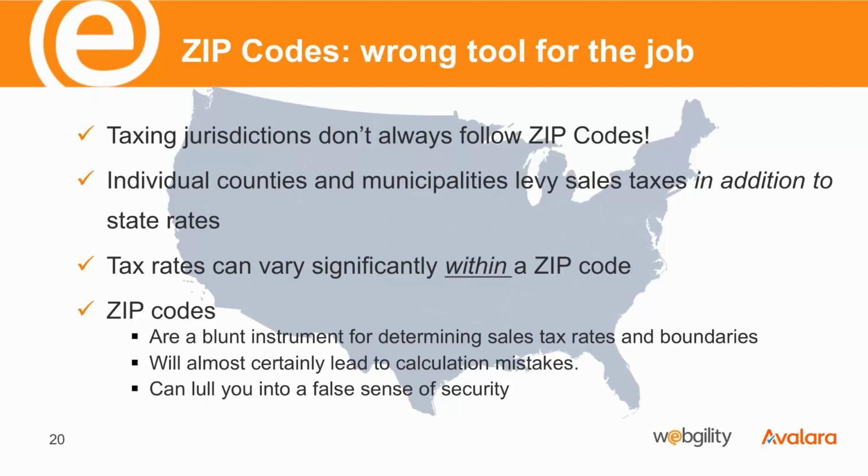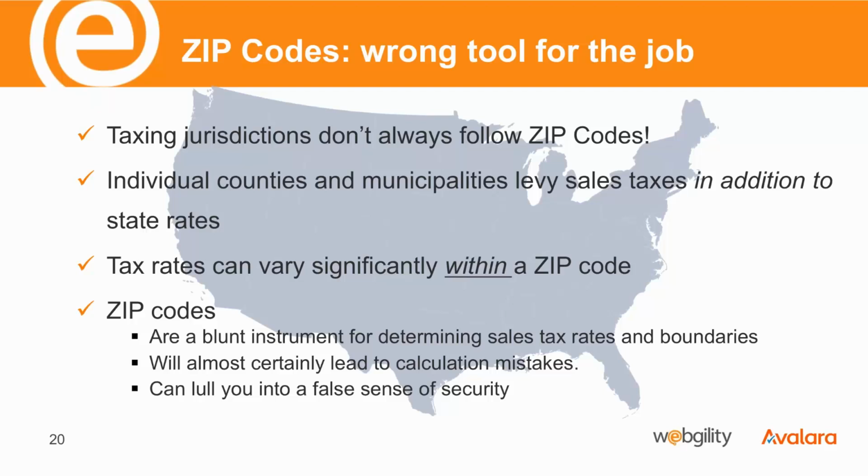A zip code was designed by the federal government for mail delivery, and that's it. Taxing jurisdictions are based on completely different boundaries, and those boundaries often change. So really understanding what jurisdictions apply to any address in the country is very important.